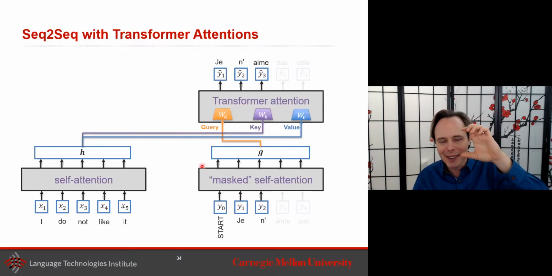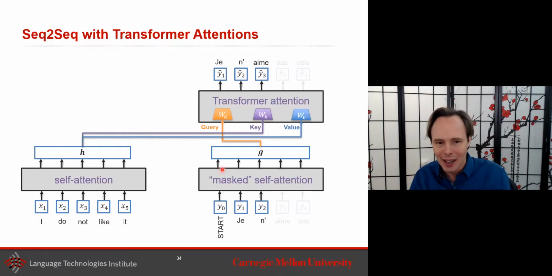That's the funny part. Is it not funny? So now in the self-attention, the key and values were coming from the same sentence. But here what's really interesting is the only way I can re-encode start, J, and N is using some information here.